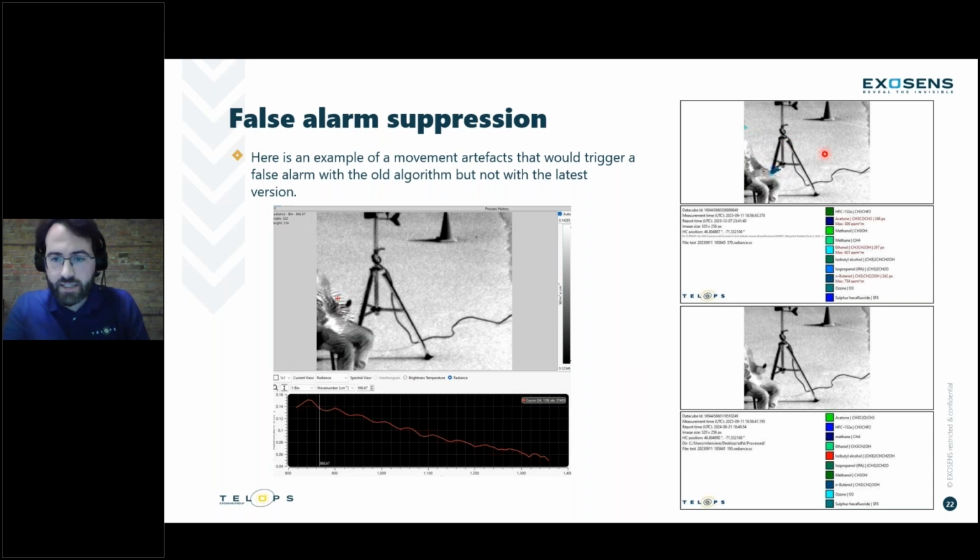So we can see in the old algorithm, we have the detection of some of those gases with the movement, but with the new algorithm, that's taken care of. The algorithm is able to understand that a movement that creates that oscillating pattern is not an actual gas. It's just a movement within the scene.